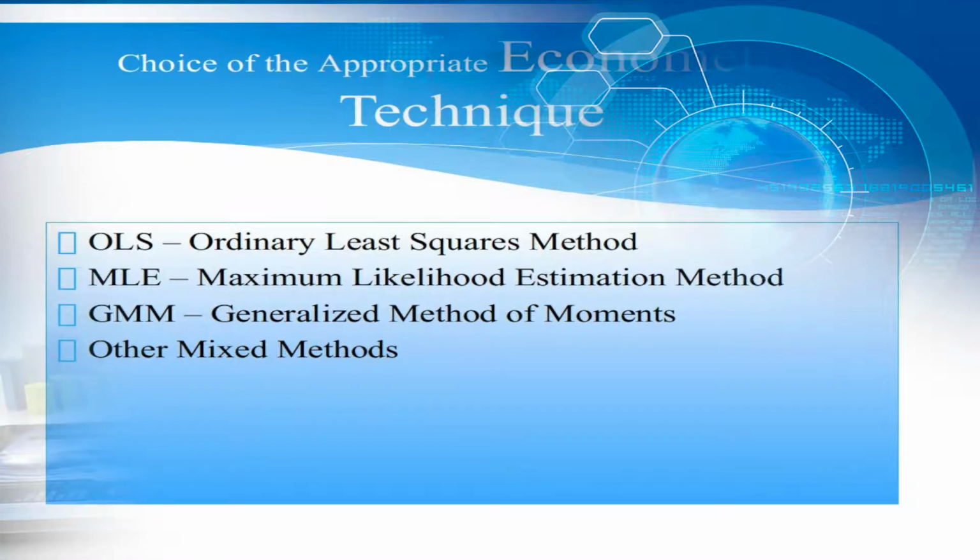Then comes the choice of appropriate econometric techniques. The commonly available econometric techniques are the ordinary least squares method, maximum likelihood estimation method, generalized method of moments and other mixed methods.